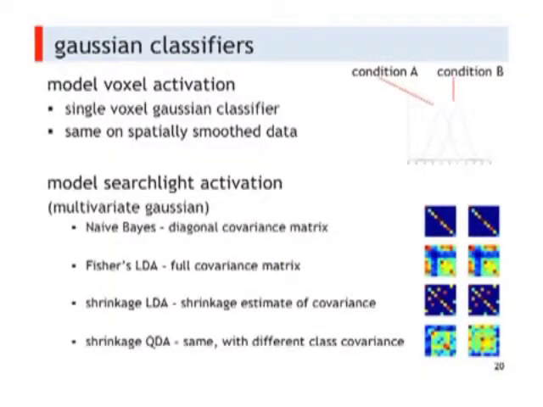So the operating principle in these is that these are all what we call generative models. So essentially you assume that you can model what all the voxels are doing, and then you use that to make a decision as to which class the image might have come from.